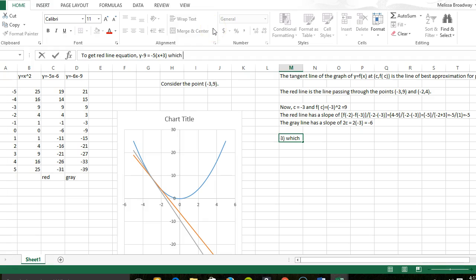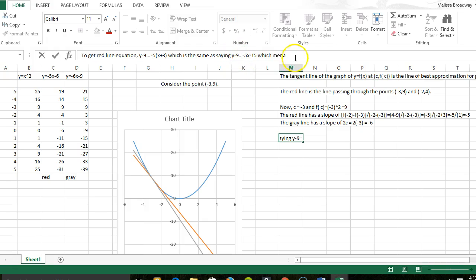Which is the same as saying y minus 9 equals, and we can distribute the negative 5 through, and we get negative 5x minus 15. Oops, that's not a 0 there, that is a 9. Sorry, I just mistyped it.